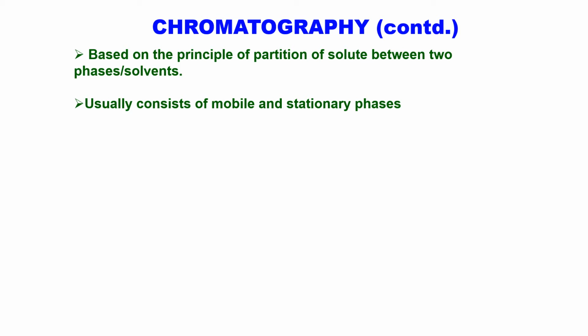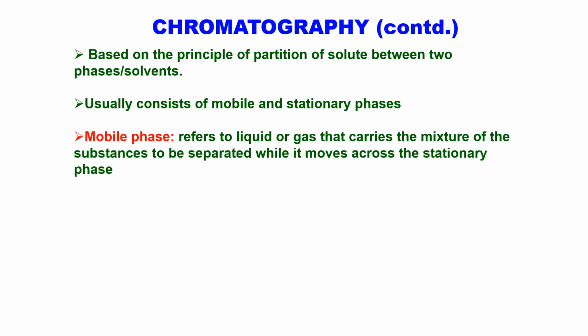Now what is mobile? As the name suggests, it is the phase which moves. That is, it is either a liquid or a gas, and this phase carries the molecule or the mixture of molecules along with its movement across the stationary phase.